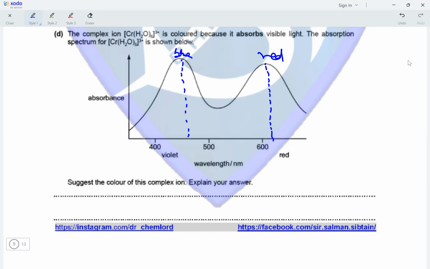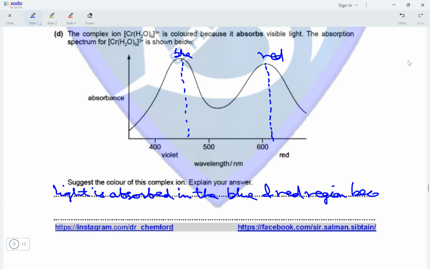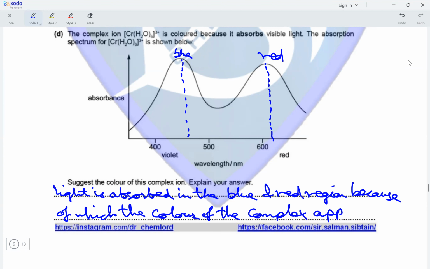So suggest the color of this complex and explain your answer. So light is absorbed in the blue and red region because of which the color of the complex appears green, because the complementary colors of blue and red, when mixed together, form a green color.